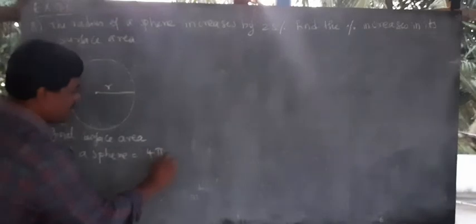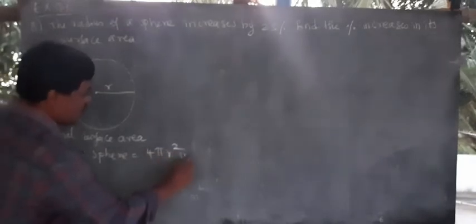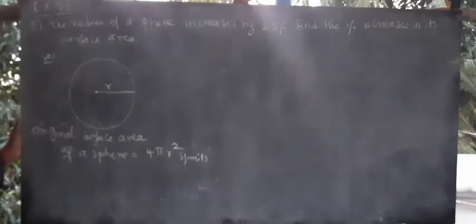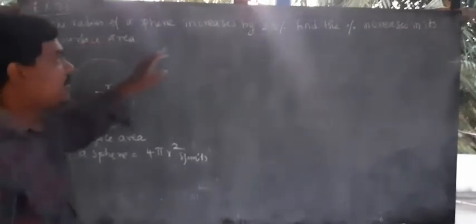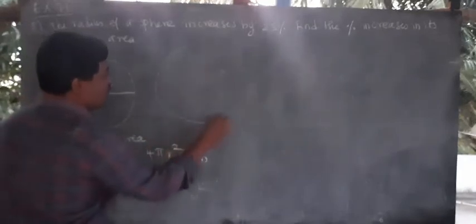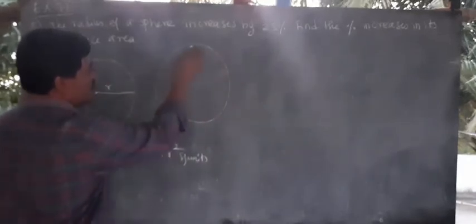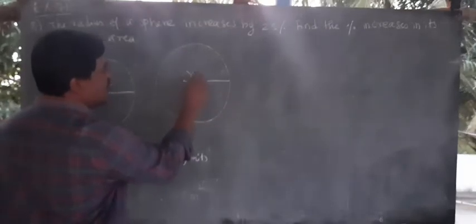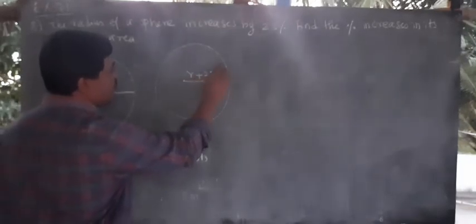What is the formula? 4 pi r square units. Right. What are they asking? The radius increases by 25%. So another sphere, its radius will be increased 25%.